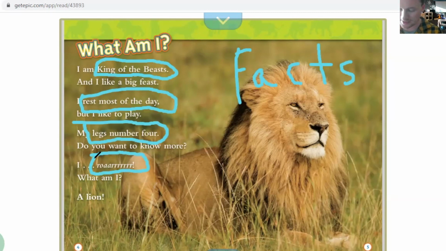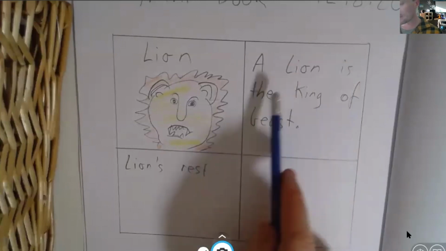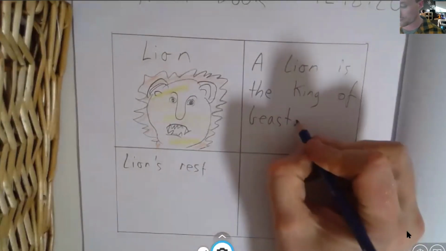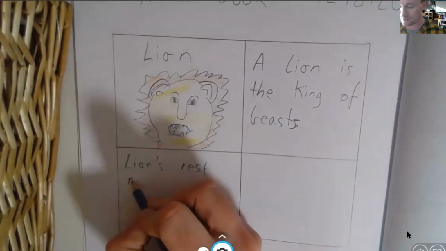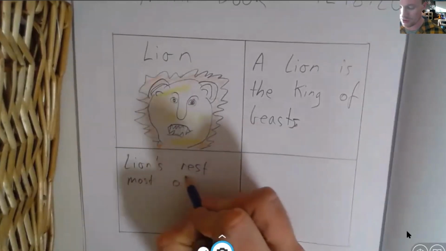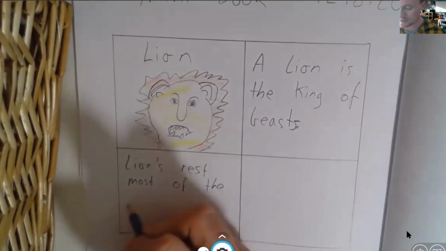Lions, I'm going to say, rest. Let me show you what I'm working on now. Let me flip over the screen. Let's have a look at my book. Here we go. So I've said a lion is the king of beasts. And we could also say lions rest most of the day.